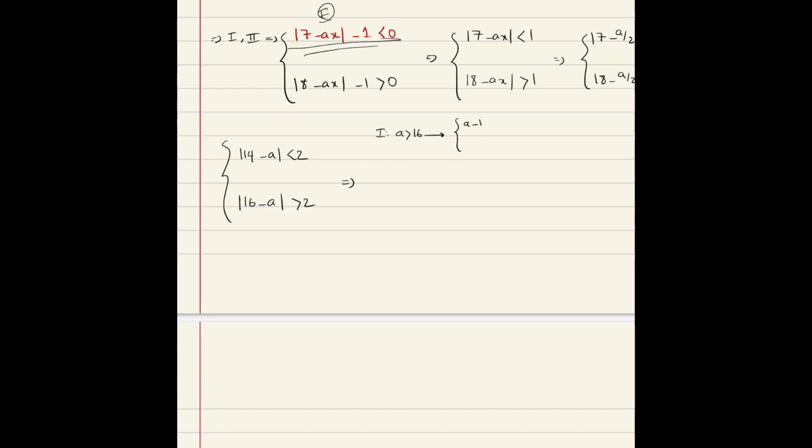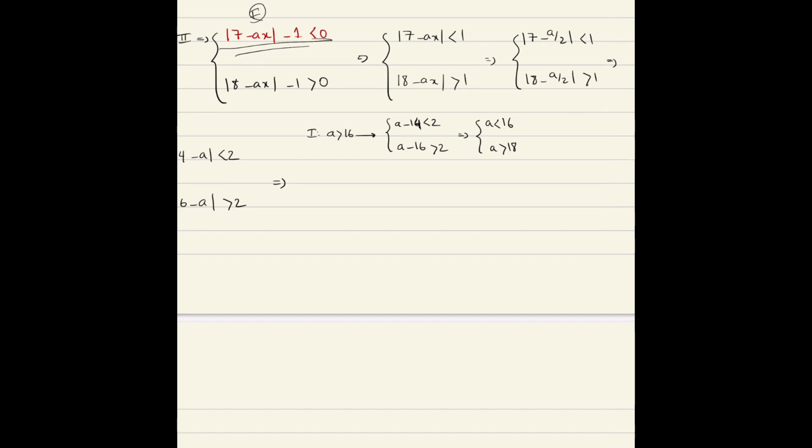So if a's are greater than 16, the second inequality would be a minus 16 less than 2, and the first one would be a minus 16 greater than 2. So a's are less than 18 or a's are greater than 18.